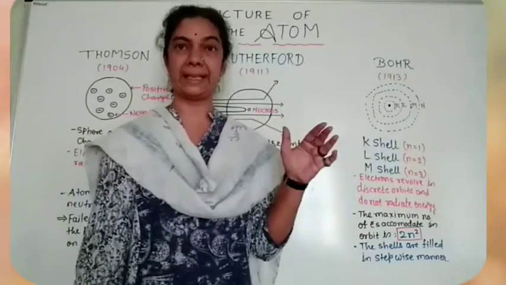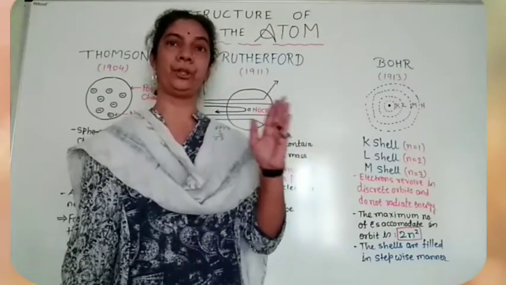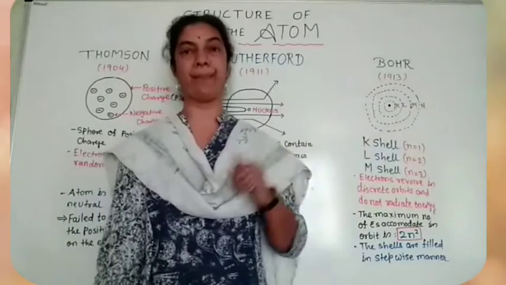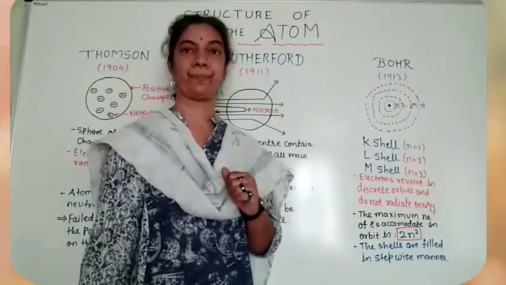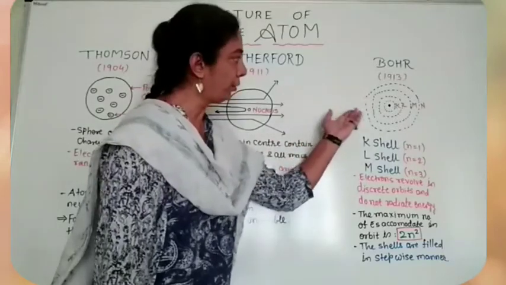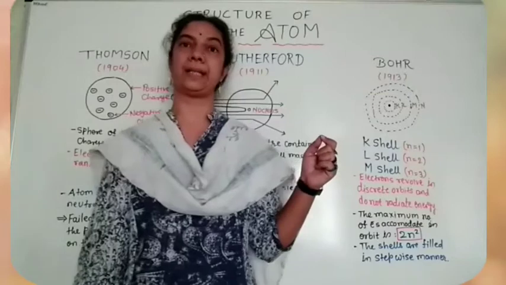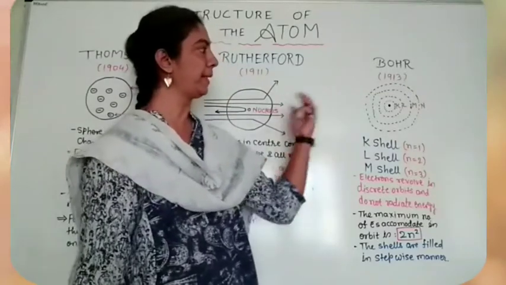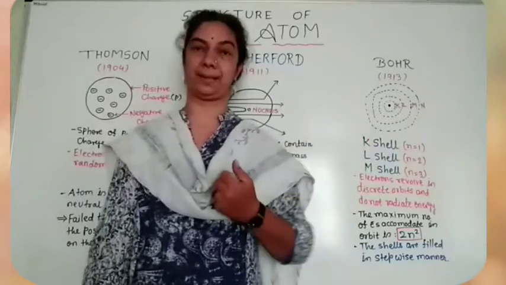These orbits are around the nucleus. They are discrete. That means we can give the numbers 1, 2, 3 and 4 to them, starting from the nucleus. They are also known as shells, and for them he gave the alphabets K, L, M and N shells.